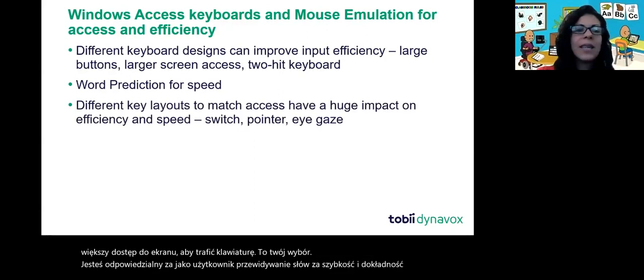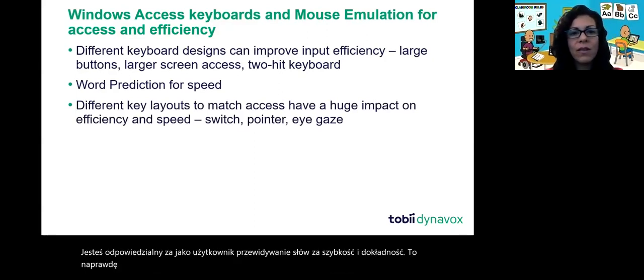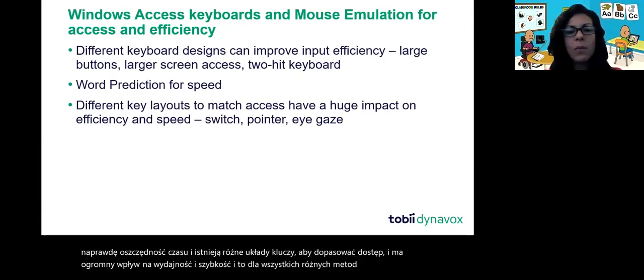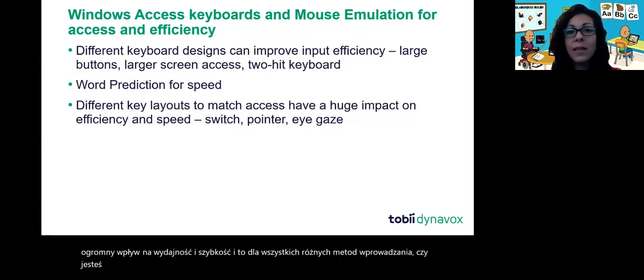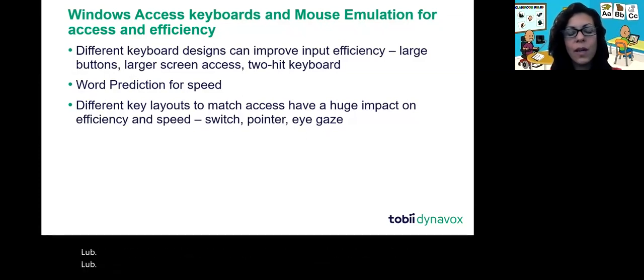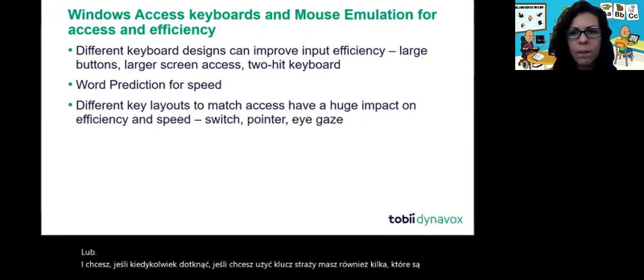And there are different key layouts to match access, and it has a huge impact on efficiency and speed, and it's for all different input methods, whether you're a switch user, switch scan, pointer, eye gaze, or touch. And for touch, if you wanted to use a key guard, you also have some that are compatible with the different keyboards as well.